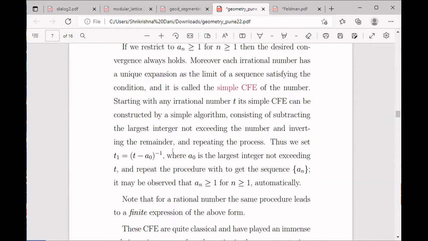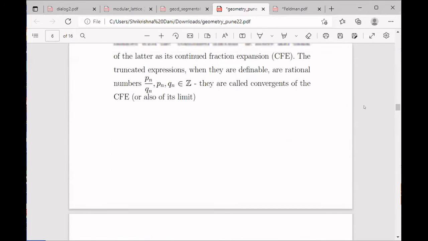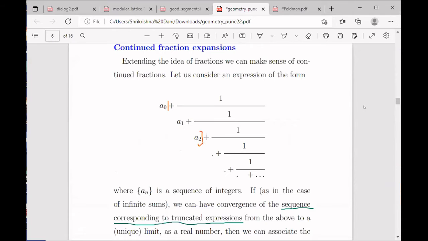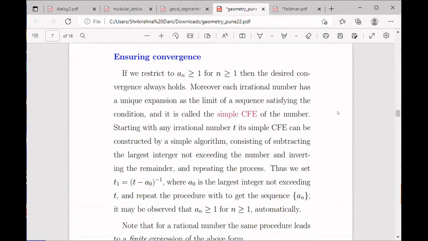You invert it, that's a number greater than 1, t1, and you can again apply the same thing to t1. Even if you have not seen it before, you can convince yourself that that's the way you get such an expression: a naught plus 1 over a1, and so on. The emphasis here is that you are always taking away the largest integer less than or equal to t.